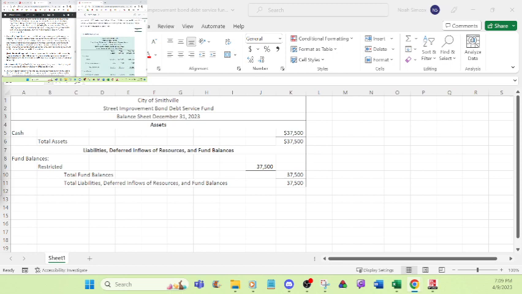This is not the balance sheet. Okay, here's the balance sheet. What the heck? Why did they divide it into two different types of bonds? What are we doing here?